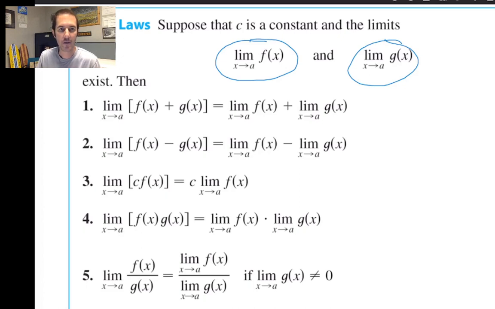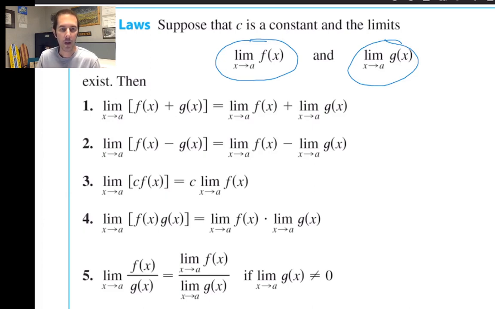C is a constant, and in number 1, this almost looks like the distributive property of taking a limit over addition. And it pretty much functions that way. The limit of the sum is equal to the sum of the limits. And in number 2, it applies the exact same way to subtraction, because addition and subtraction are essentially the same function.